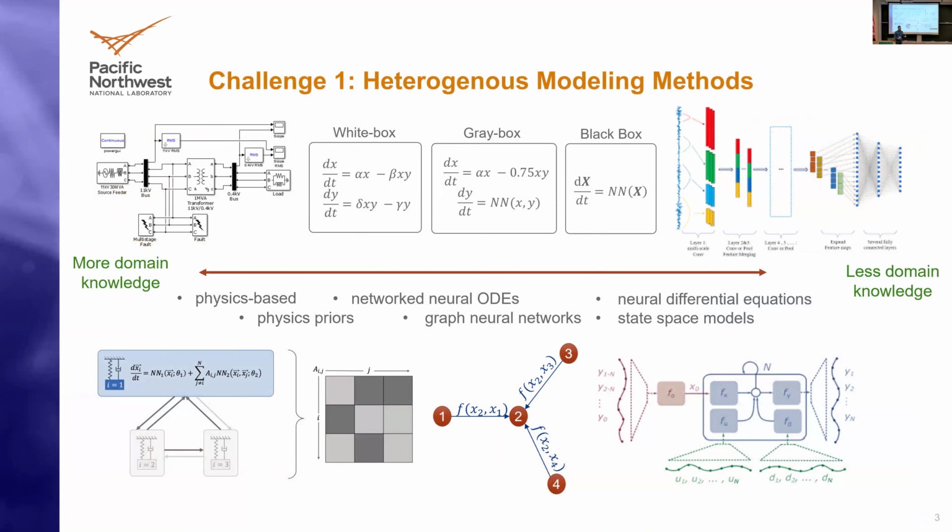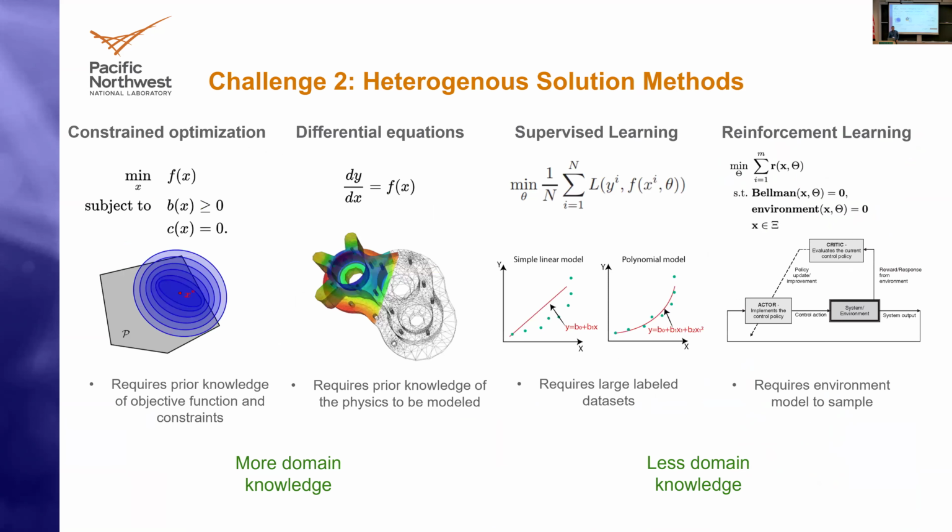So challenge number one is that we have really heterogeneous dynamical systems models, whether they are black box function approximators like deep neural networks, or gray box system identification methods, or very complicated component-based models in MATLAB Simulink or in Modelica languages. Then we are solving heterogeneous problems.